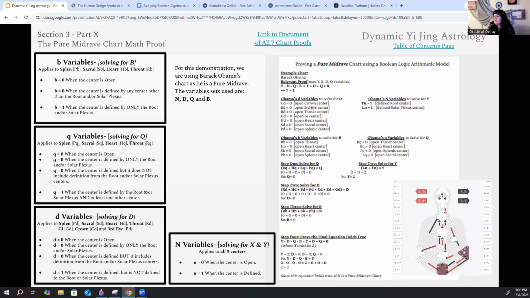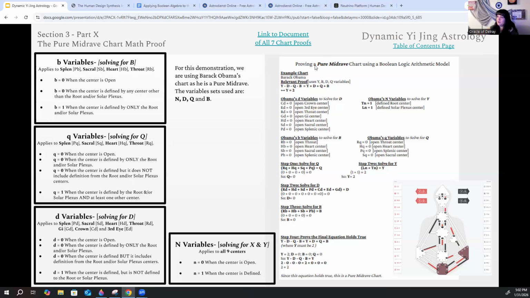This type of chart can be defined by any of these channels, and it can have any type of hanging gate. It kind of shows how so many charts can be created with astrology. But they have to be defined to each other, and there has to be no other definition in the chart. It can be any one of these channels, and then anything can be going on here, so long as no other centers are defined.